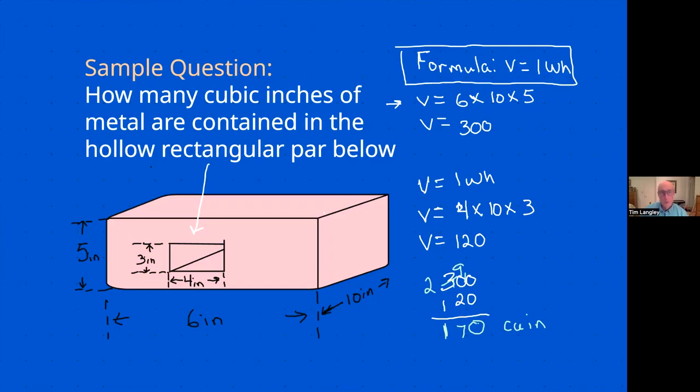However, we've got a hole going through the middle of it, okay? And this is my second one here. I've rewritten the formula. Volume is LWH. That hole we cut out of the cheese, so we could have a smaller cheese stick, or in this case, out of the metal block, was 4 inches by 3 inches by 10 inches. Okay.